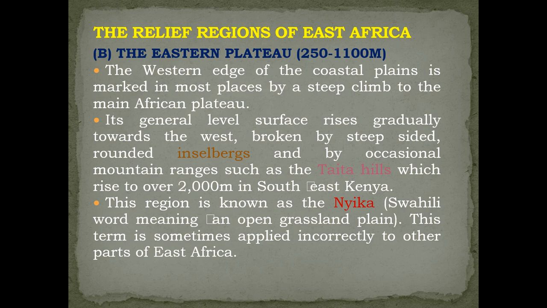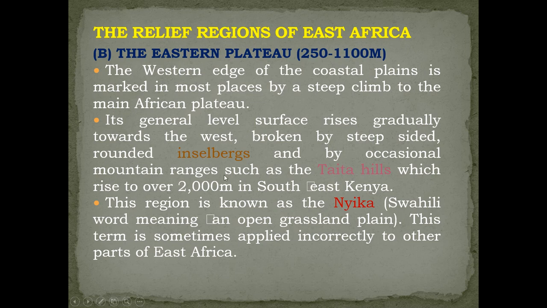You can identify the characteristics like we did under the coastal plains. For example, we can say that this relief region comprises plateau ranging in height between 250 to 1,100 meters above sea level.